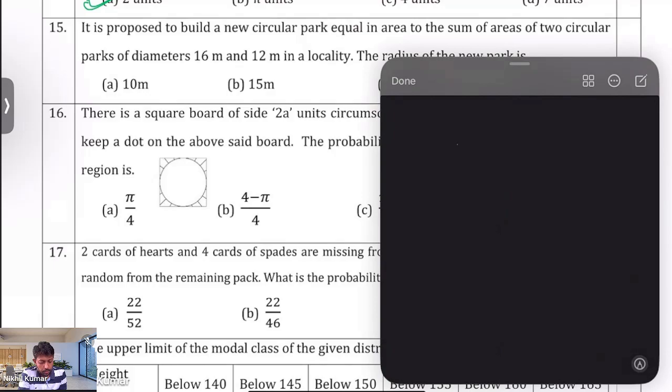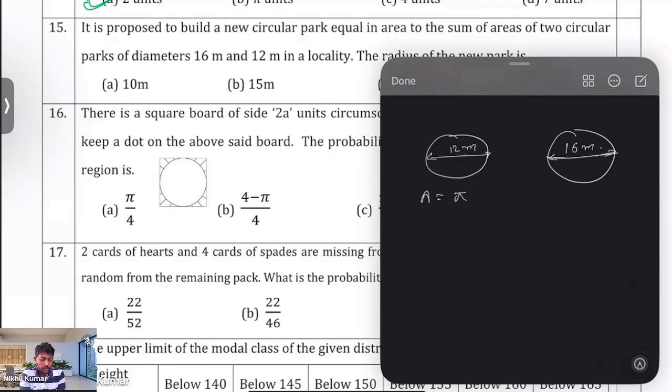The two smaller parks have diameters, so one has diameter 12 meters, the other has 16 meters. Okay, so the area for this would be pi radius square.